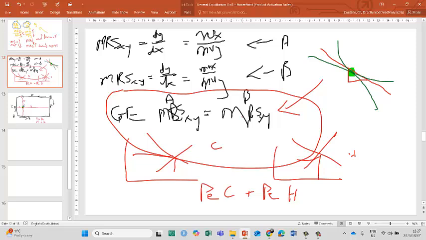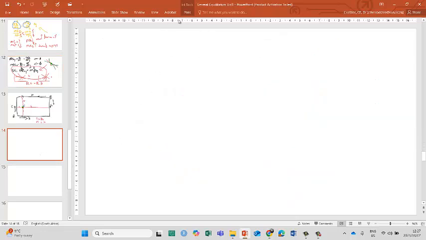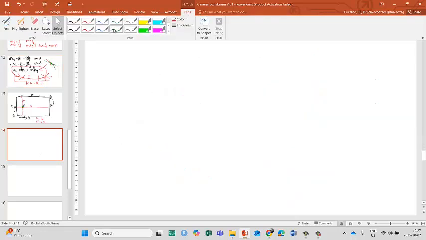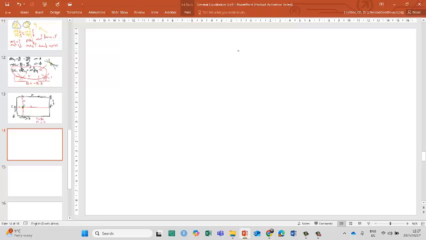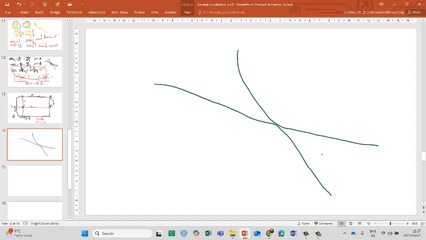So any further trade, if there's additional trade, then it implies that somebody must be worse off, because you always want to be at your highest indifference curve. So let's quickly put that into perspective. Let's again say that there's one indifference curve and there's a second indifference curve.